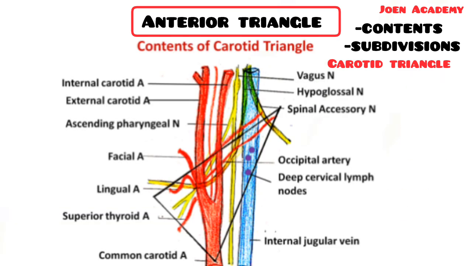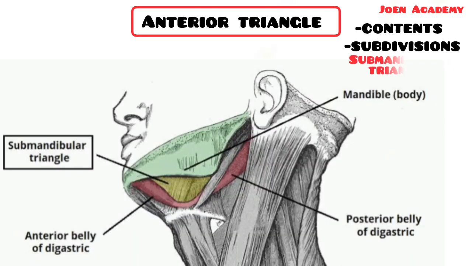The main contents of the carotid triangle are the common carotid artery, which bifurcates within the carotid triangle into the external and the internal carotid arteries, and the internal jugular vein, as well as the hypoglossal and the vagus nerves.